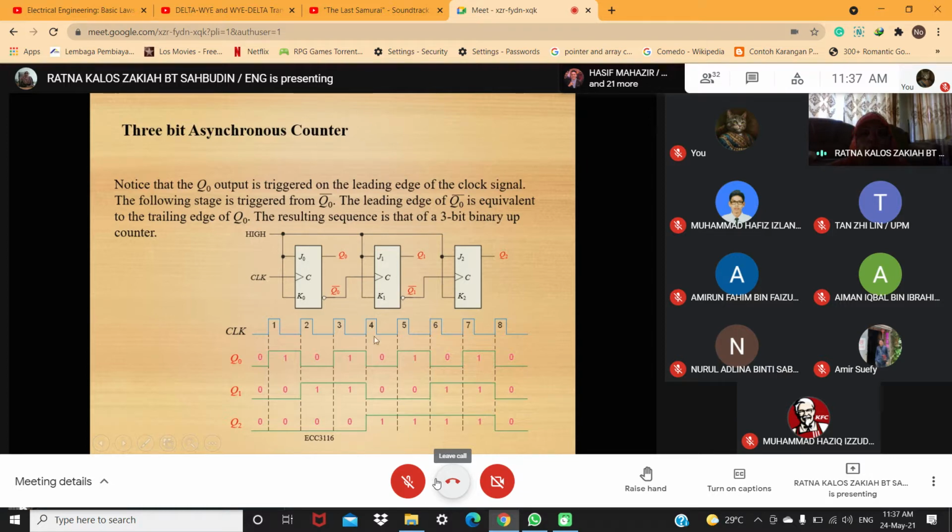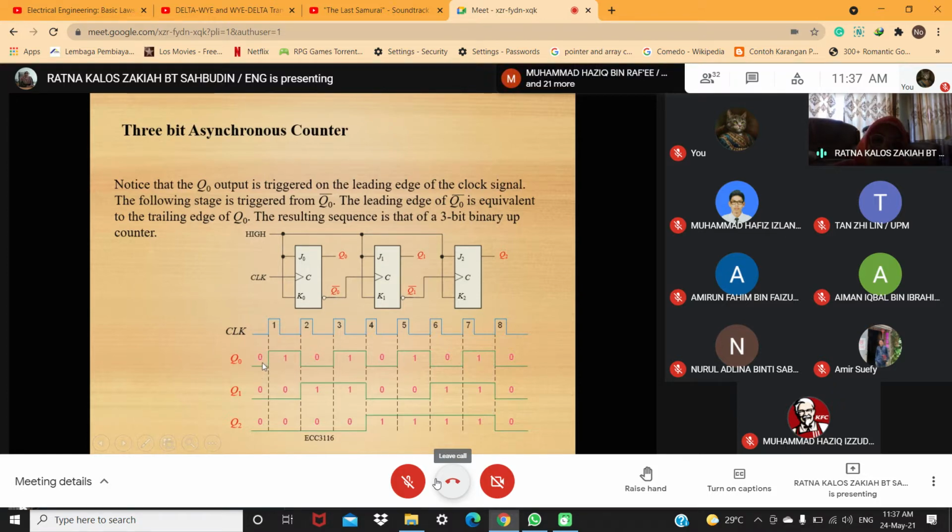But now Q1, the clock is connected to Q naught bar here. You don't have Q naught bar here. How do you draw the Q naught bar?